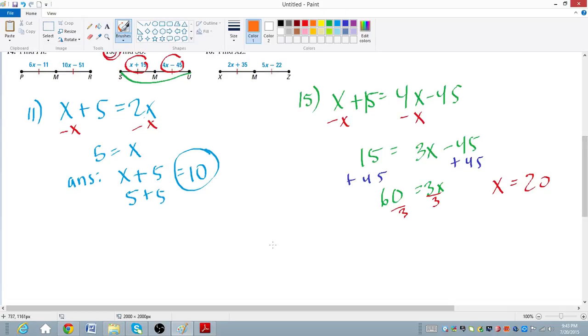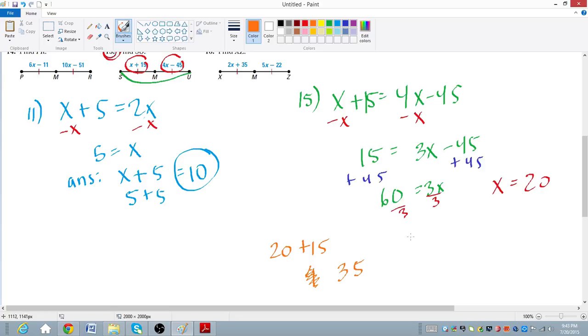So I'm going to take 20 plus 15. That would be 35. Now I'm going to plug into the other one.